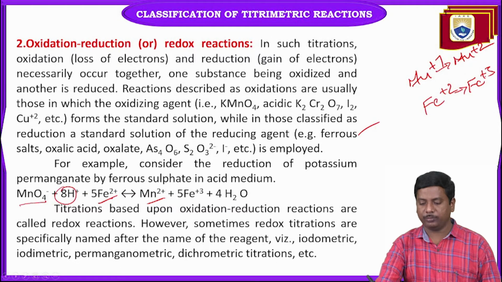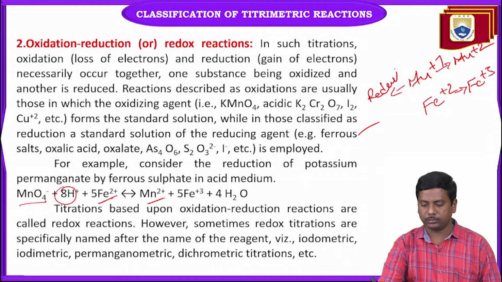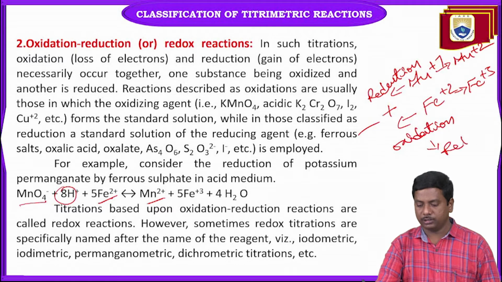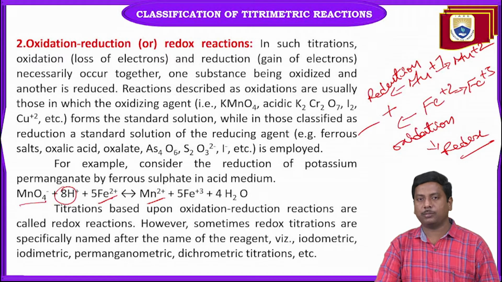So in the previous reaction, manganese plus 7 to manganese plus 2 is observed as a reduction, and iron plus 2 to iron plus 3 is an oxidation. That means the reactions simultaneously take place, both oxidation and reduction, which is nothing but a redox reaction.